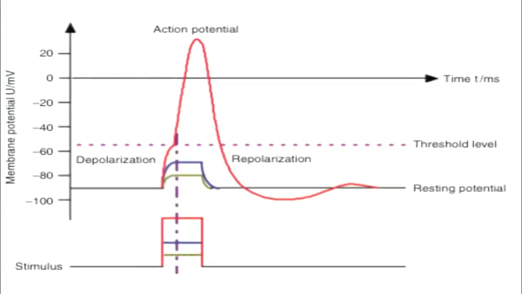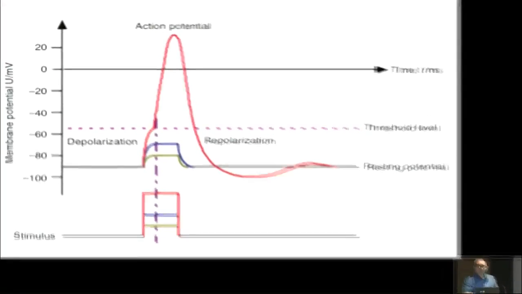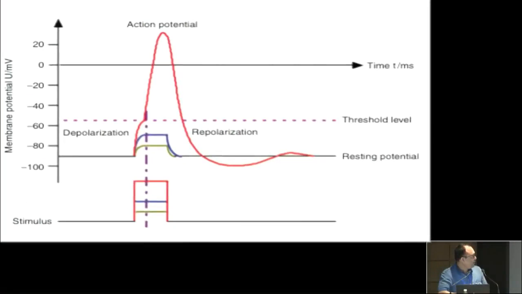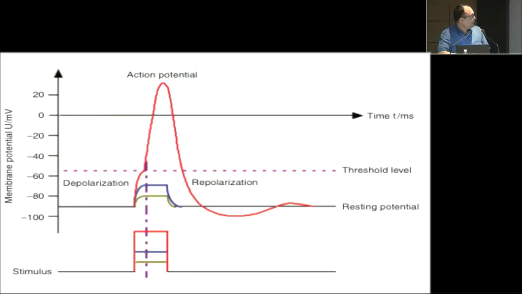This is the resting membrane potential, which is around minus 95 millivolts. Now, if you apply a stimulus from outside, that is the peripheral nerve stimulator, it will give a direct current to the nerve, and it will cause depolarization.